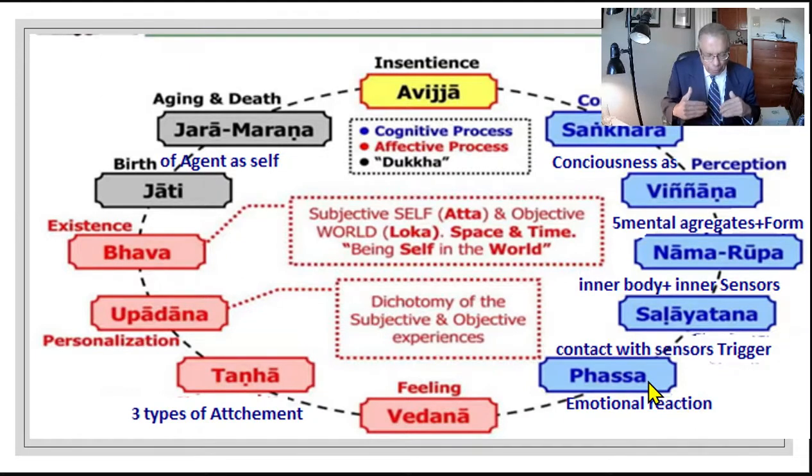In other words, he's trying to emphasize the motor component of this action before the feeling comes to be. That is why passa is, as he says, when there is immediate contact of the object with the sensory organ, it triggers a response. And triggering is like a motor response. That's why it is passa.